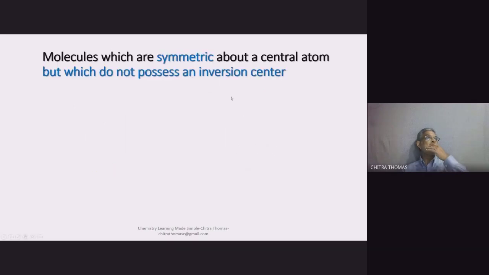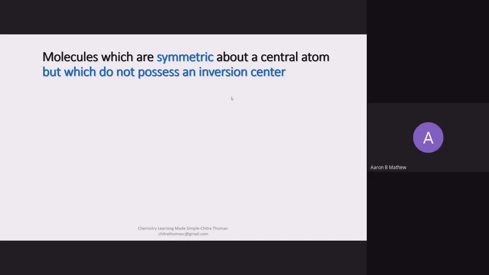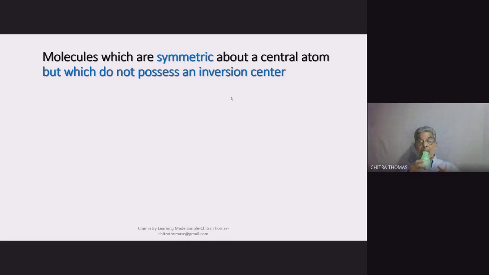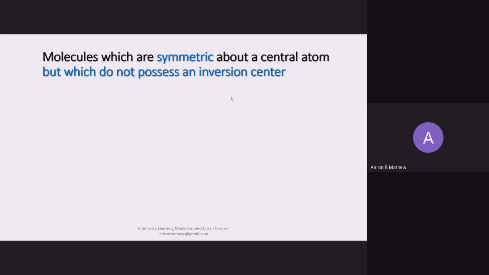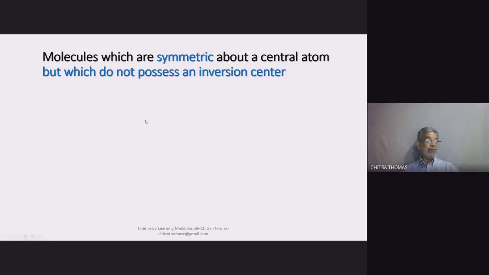Now, there are molecules which are symmetric about the central atom, but which do not possess an inversion center. Can anyone tell me at least two molecules which are symmetric about the central atom, but which do not possess an inversion center? H2O, water, is an example of a molecule which is symmetric about the central atom.